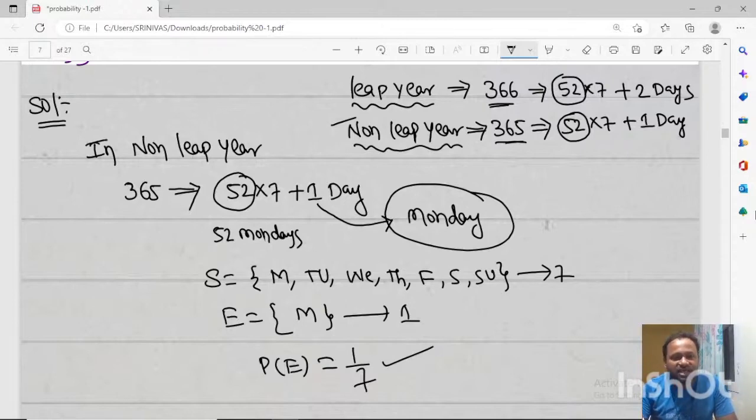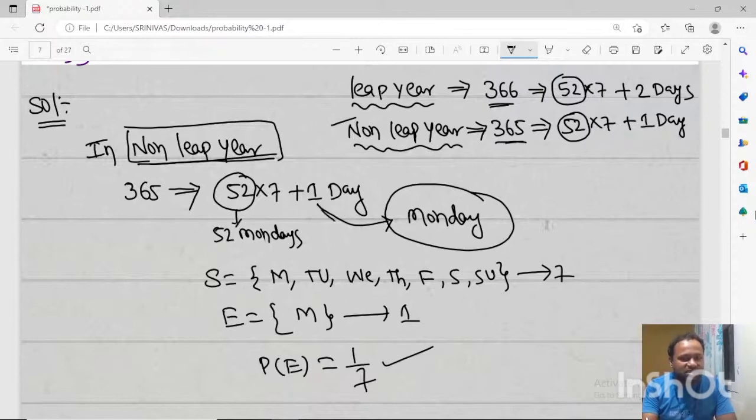Once again I am reminding, this is for a non-leap year. I will do a problem based on a leap year also. Okay? The next problem will be based on leap year. But in a non-leap year, we will have 52 Mondays and one extra day.